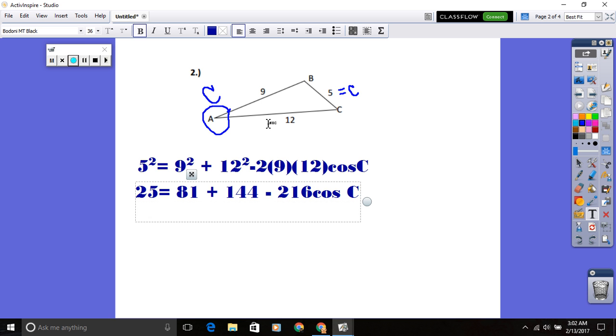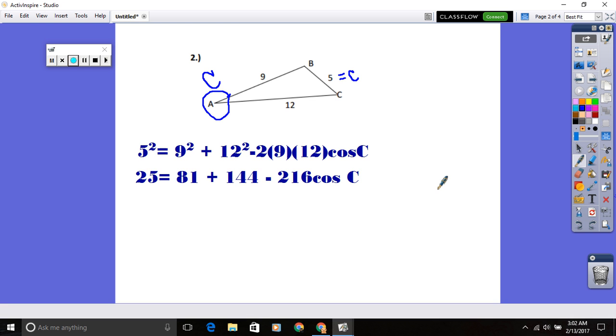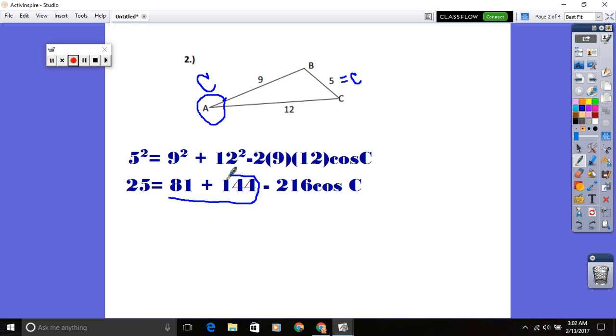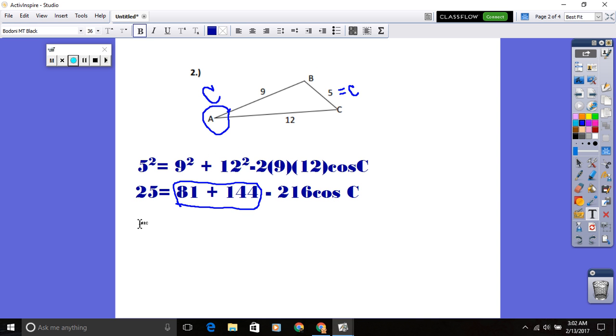Okay, so I can combine these two here. I cannot combine them with the minus 216 because it's attached to a variable.